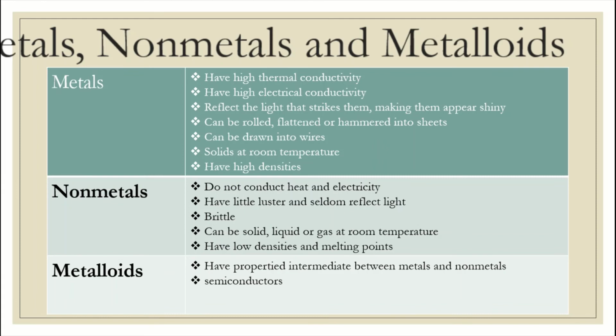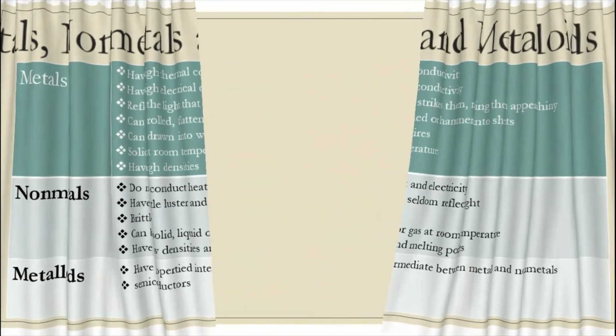They have little luster and seldom reflect light, are brittle, can be solid, liquid, or gas at room temperature, and have low densities and melting points. Metalloids have properties intermediate between metals and nonmetals, and most of these metalloids are semiconductors. Half-half, di ba? It conducts electricity partially.